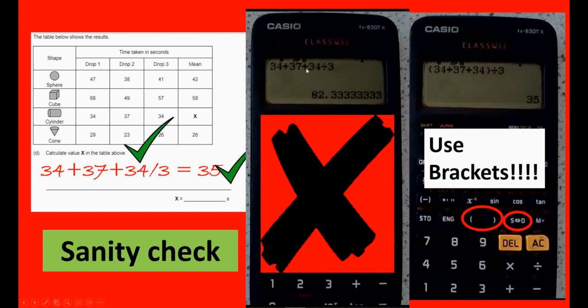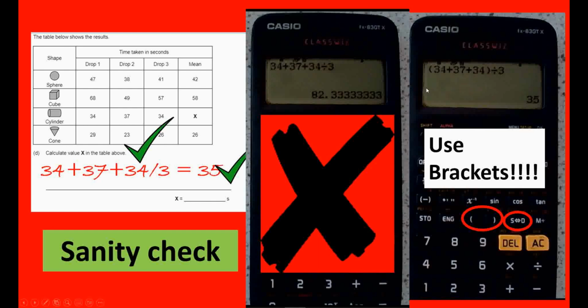Now this is wrong because we haven't used brackets. What we've actually done is add 34 to 37, and then add a third of 34 to that, and that gives us 82.3. We need to be really careful when we do this type of calculation that we either find the total first and then divide the total by 3, or put it in brackets. I prefer to put it in brackets. I think that gives you a better answer.